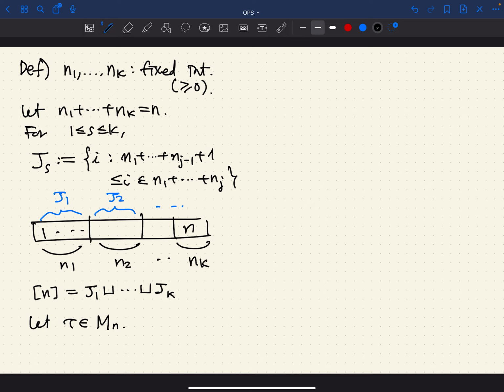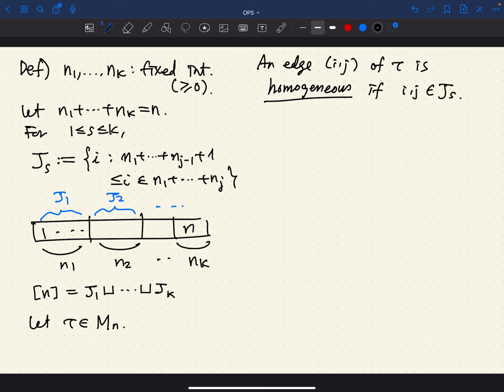We say that an edge is homogeneous if both i and j are in the same set J sub s for some s.